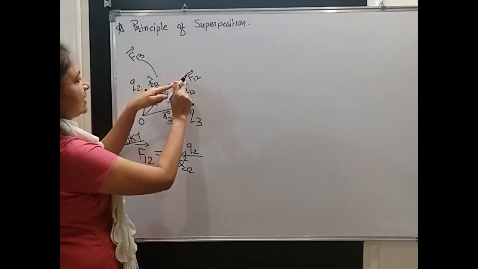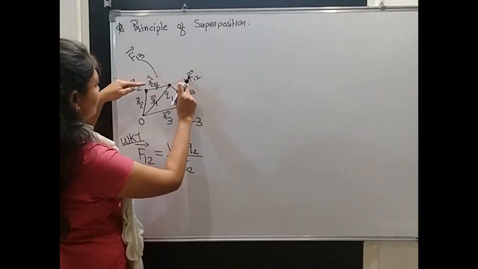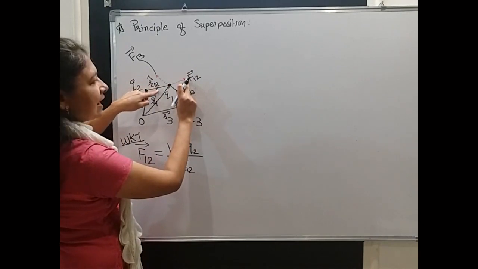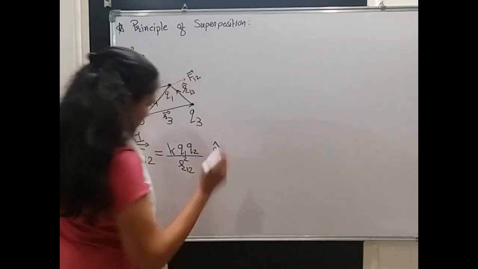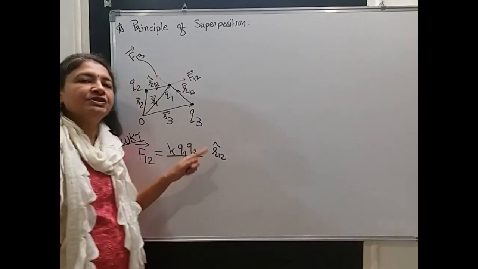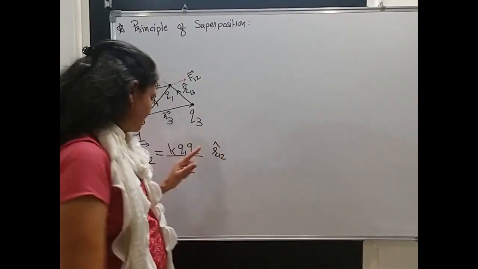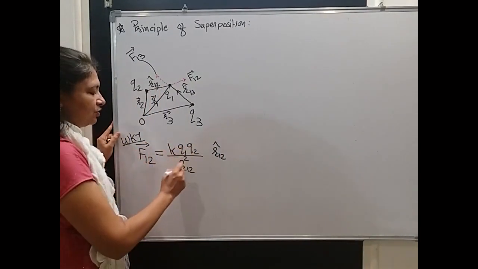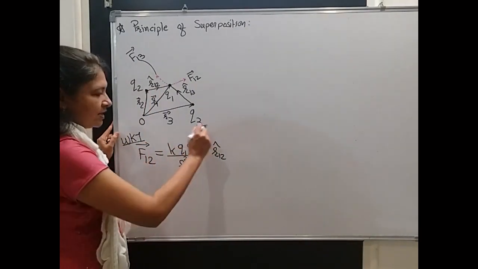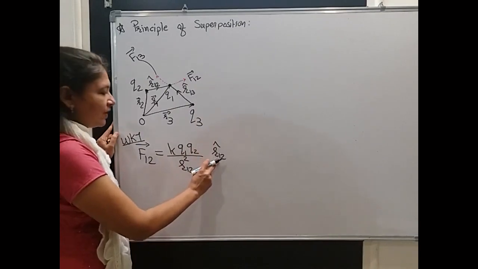The direction of F12 and the direction of unit vector R12 are the same. Unit vector R12 is used to mention the direction. So the force on 1 by 2 is K Q1 Q2 upon R12 square, and direction is mentioned with the help of R12.